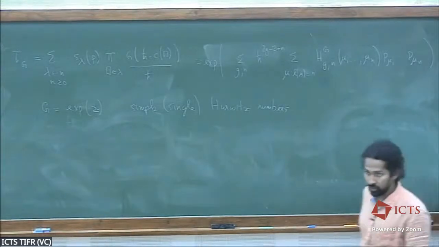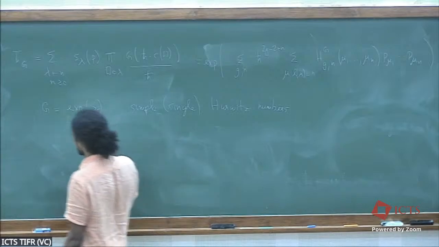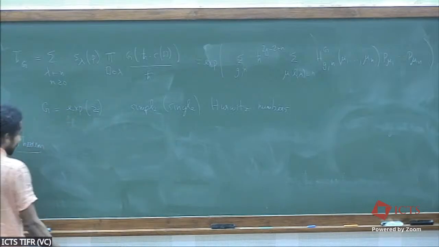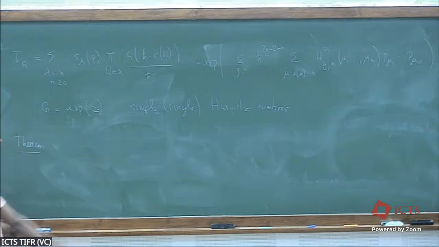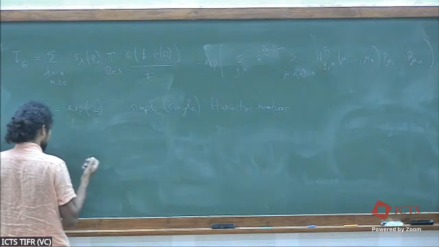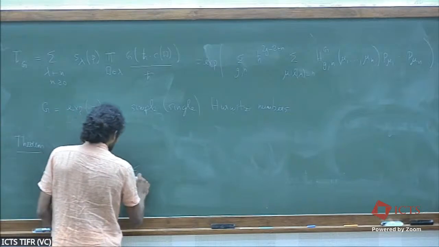So this is all the stuff that we've seen so far. And the theorem is the following. If I put all of these H_{g,n} into a generating function as follows.